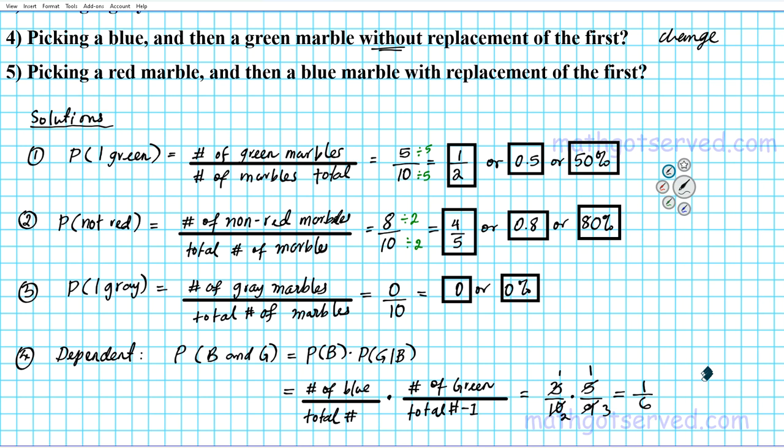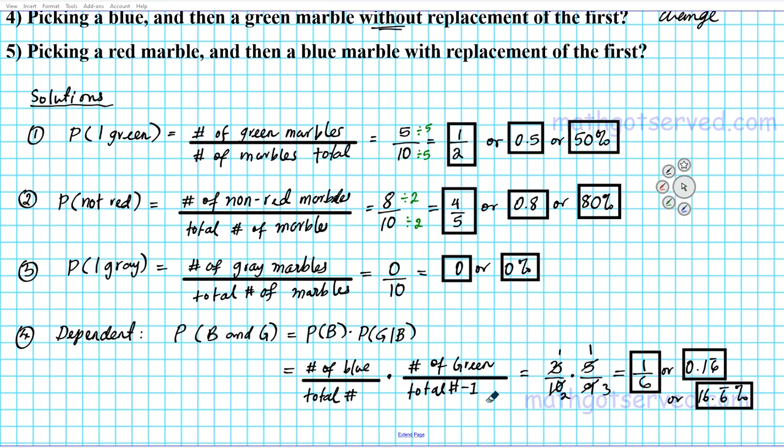You can write it as a decimal, which is approximately 0.16, or you can write it as 0.1 with the 6 repeating, or in percentage format, 16.6 repeating percent. All right, so those are the 3 ways that you can express it. So 1 over 6, 0.1 with a 6 repeating, or 16.6 repeating percent.